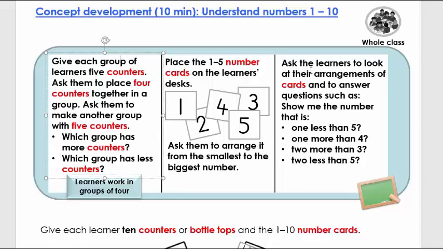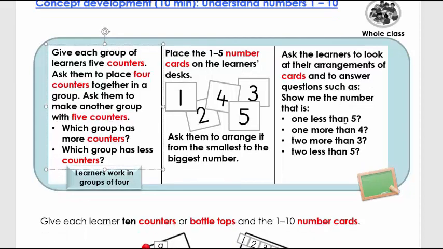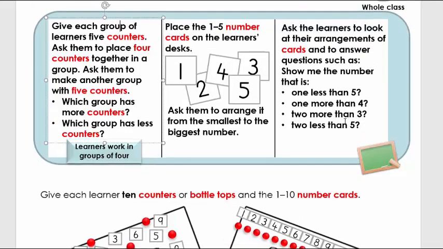Okay, let's then see. We're going to ask the learner to look at the arrangement of cards and to answer questions such as, show me the number that is. So you want the child to point to the number 5, and then they need to show you 1 less than 5.